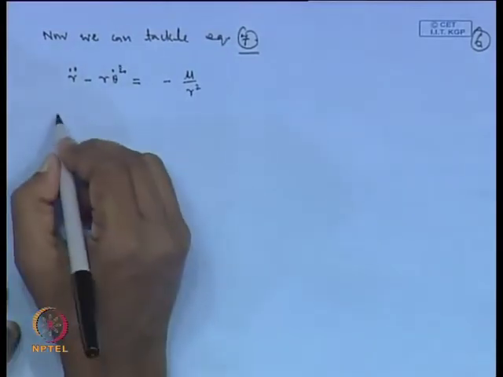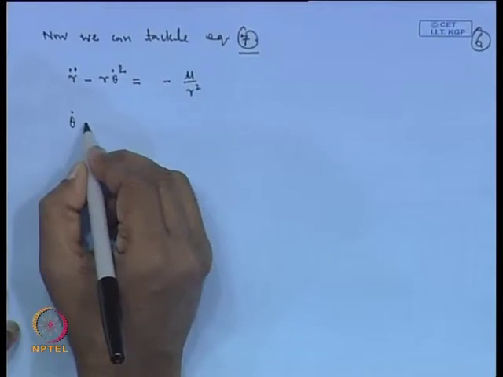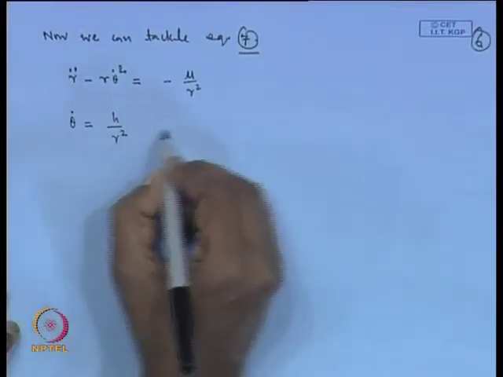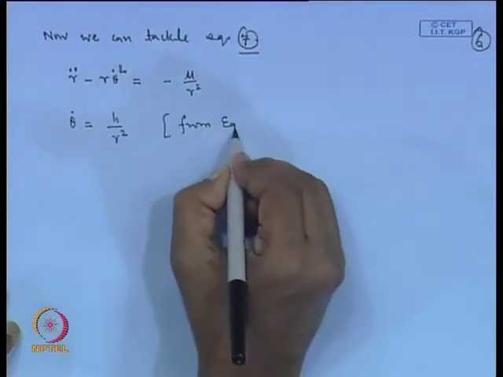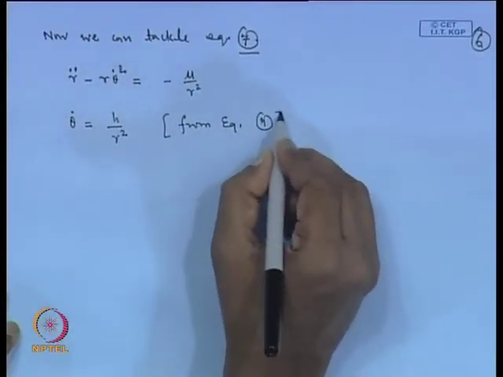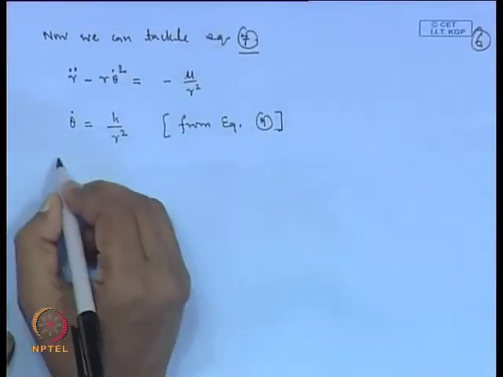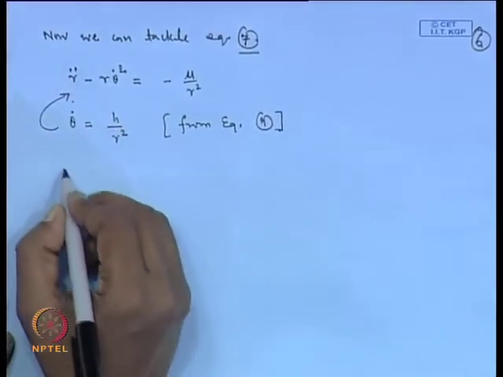So, theta dot will be equal to h by r square, and this we get from equation number 9. So, insert this into this equation.